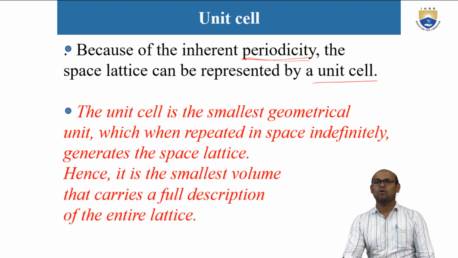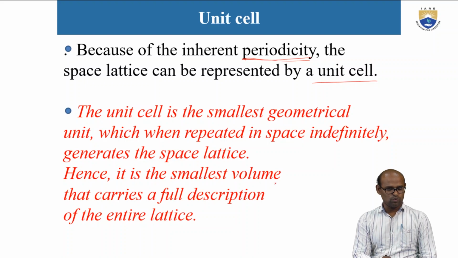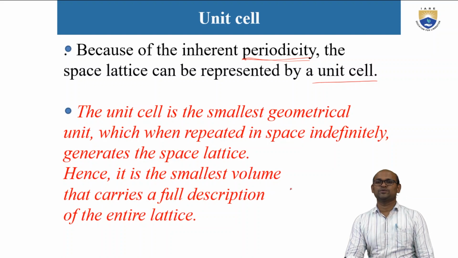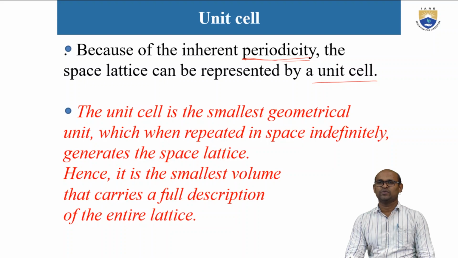The unit cell is the smallest geometrical unit which, when repeated in space indefinitely, generates the space lattice. Hence, it is the smallest volume that carries the full description of the entire lattice. So the smallest geometrical unit that you can define is called the unit cell.